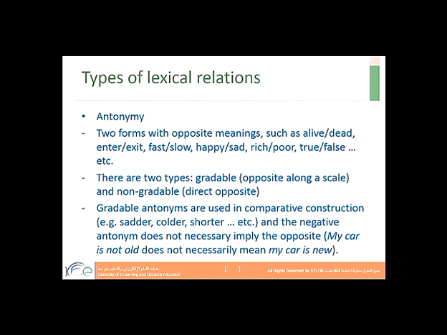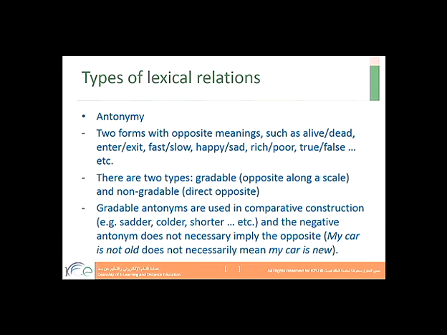There are two types of antonyms: gradable antonyms and non-gradable antonyms. Gradable antonyms are opposites along a scale. They don't have exactly opposite meanings, unlike non-gradable antonyms, which have direct opposite meanings.